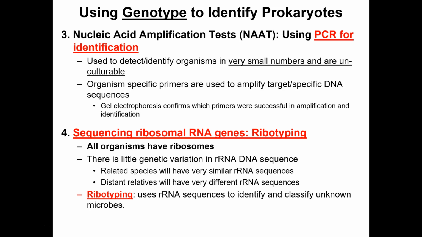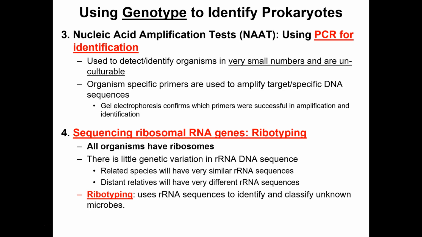So that means related species of organisms will have very similar rRNA sequences versus more distantly related organisms where you can have more mutations that have accumulated, so more differences. So in ribotyping, all we're trying to do is to get an organism's rRNA gene sequence.